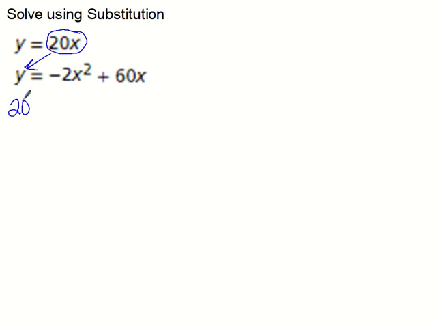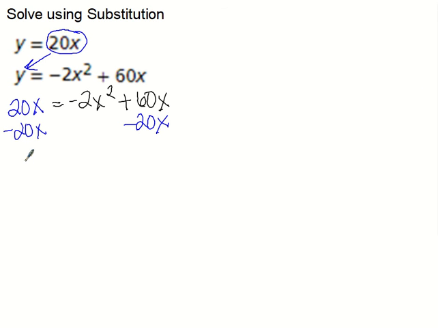So I would go 20x equals everything on the other side: negative 2x squared plus 60x. And then we want to set it equal to 0, so I'm going to go minus 20x minus 20x. And we would get 0 equals negative 2x squared plus 40x.